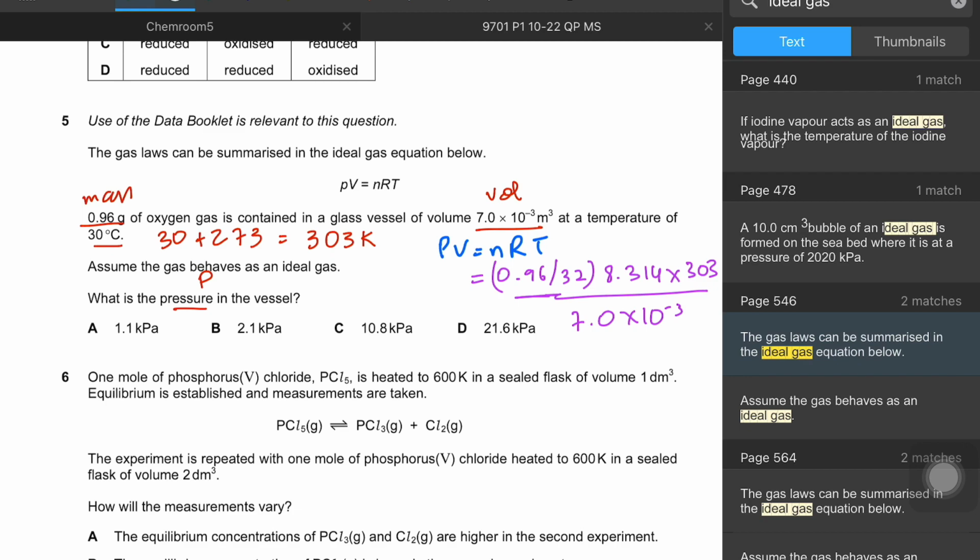We simply solve it, we need to have a calculator around us: moles times 8.314 times 303 divided by 7 exponent minus 3. It turns out to be 10.8 kilopascal.